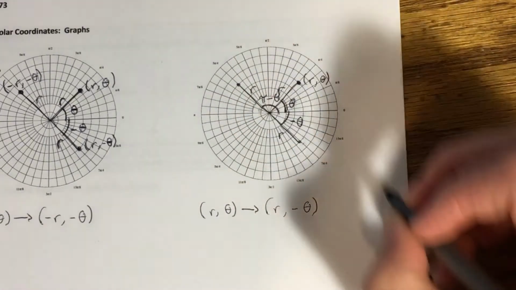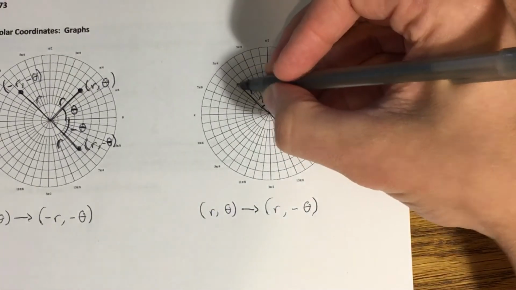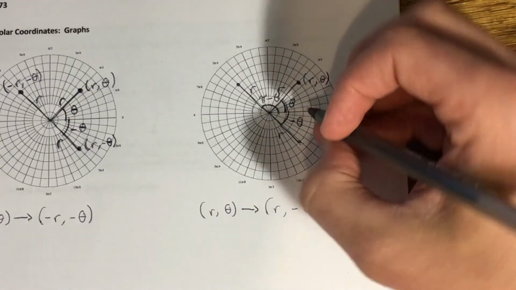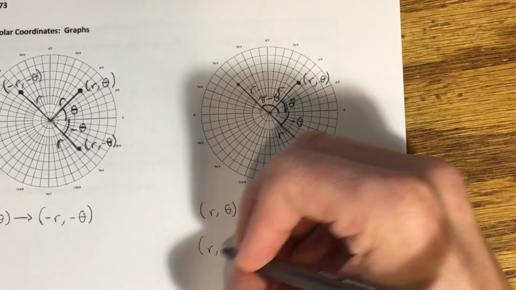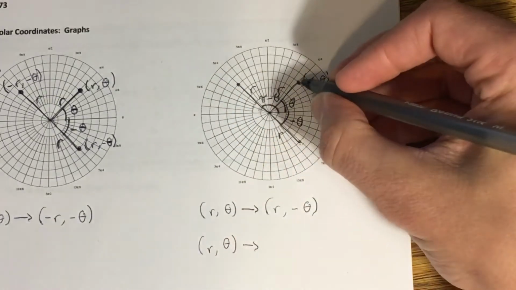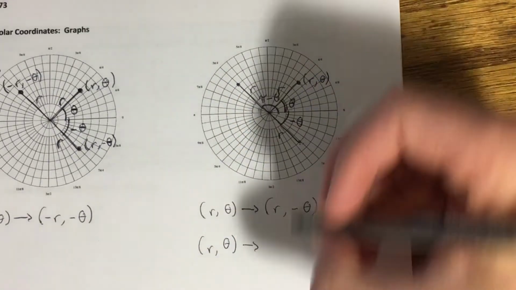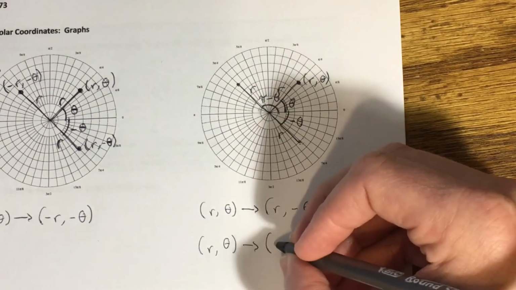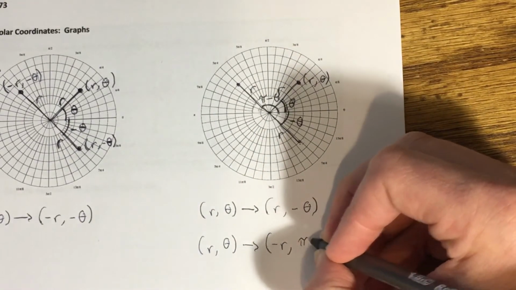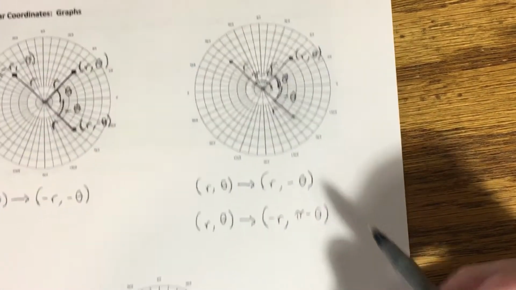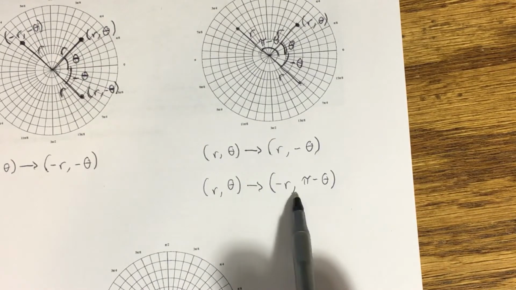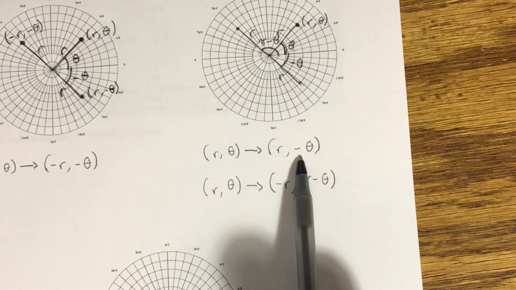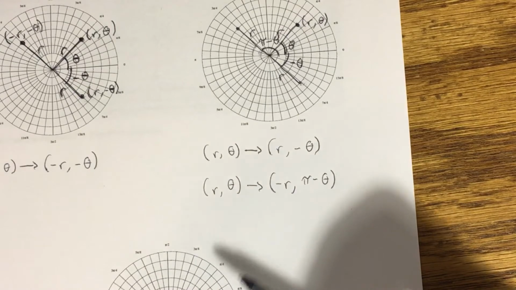And then I still have r here. Then to get from this point to this point, I would keep the angle the same, pi minus theta, but take the opposite of my r to create that reflection. So another way of reflecting this point from here to here is to take the opposite of r and change my angle to pi minus theta. Now, this is going to be an alternative to this, but you're going to see that we don't really use this one very much. This is easier to use when we talk about our symmetry tests, which we'll do an example of on the next page.